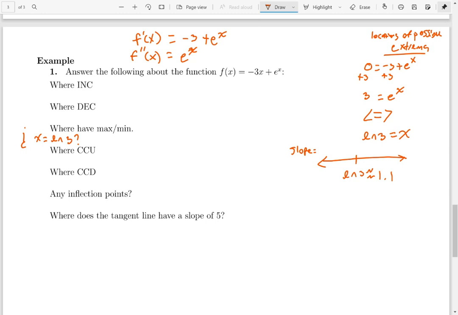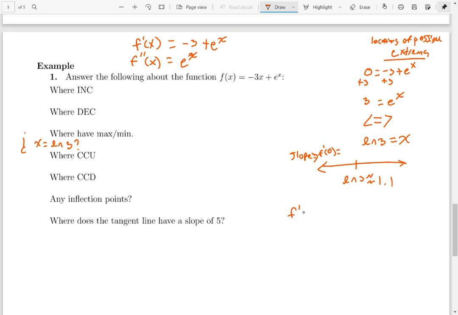So great. My slopes to the left of 1.1, that's going to be f prime of, well, how about 0? 0 is an easy thing to calculate. If I plug 0 into my first derivative, that's f prime of 0, which is negative 3 plus e to the 0, but e to the 0 is 1.